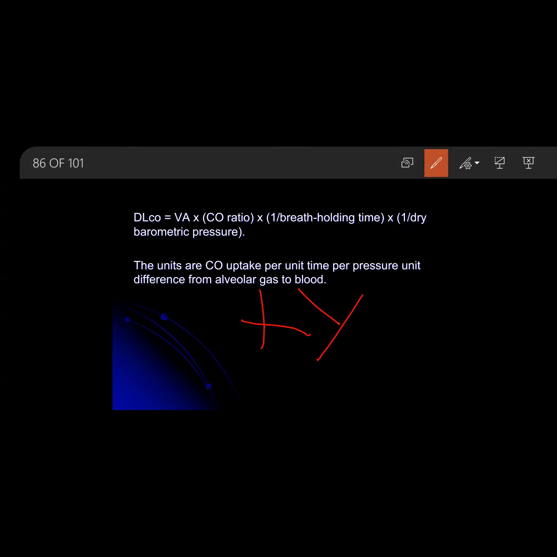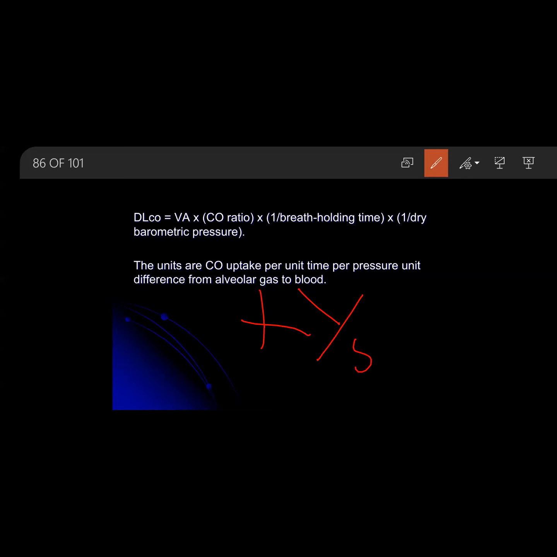The patient inspires, holds breath to allow the carbon monoxide to diffuse, and we multiply these factors by the time that the patient holds breath, 5 seconds, 4 seconds, and we then multiply by 1 divided by dry barometric pressure. The units are carbon monoxide uptake per unit time per pressure unit difference from alveolar gas to blood.